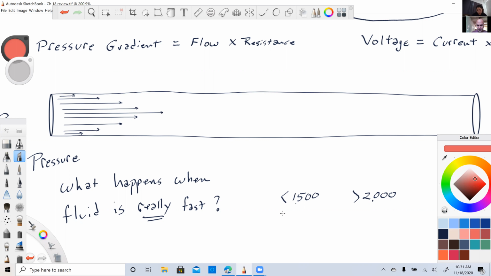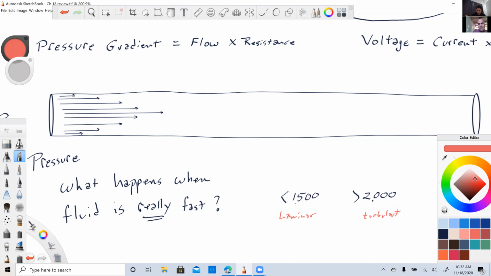See, I had it down here. This is laminar. This is turbulent. As we know, a couple of things are going on here. If you're pumping fluid through a pipe too fast, a couple of things could happen.